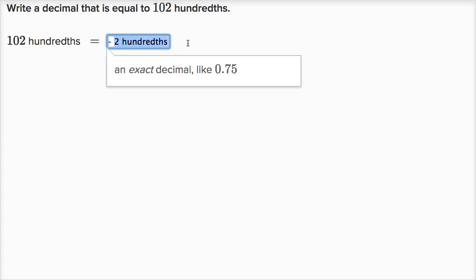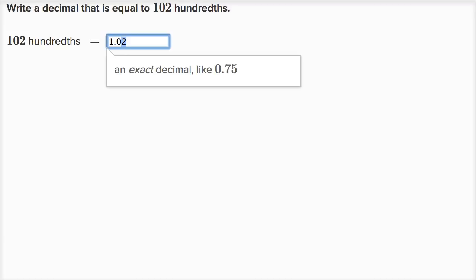Another way to write 2 hundredths is 0.02. So what's 1 plus 0.02? Well, it's just going to be 1.02. And you see that here. You have 1 and 2 hundredths. 1 is the same thing as 100 hundredths. So this is 100 hundredths, and you have 2 hundredths, gives you 102 hundredths.